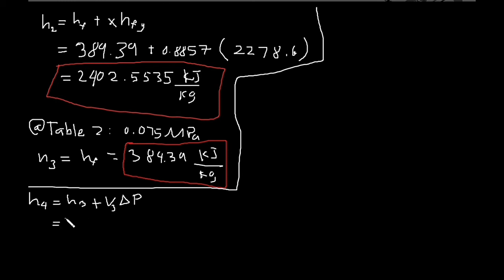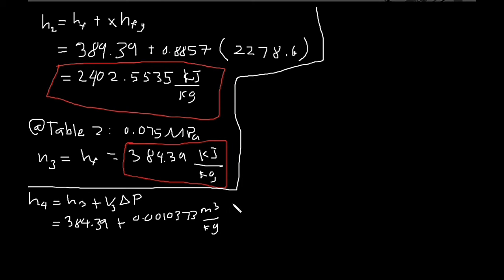H3 is 384.39 plus V3, that's VF. V3 is equal to VF at 0.75. So that is equal to 0.0010373, in cubic meter per kilogram.